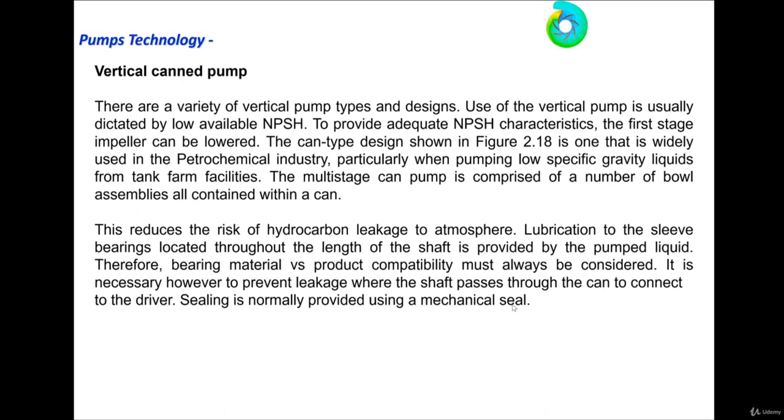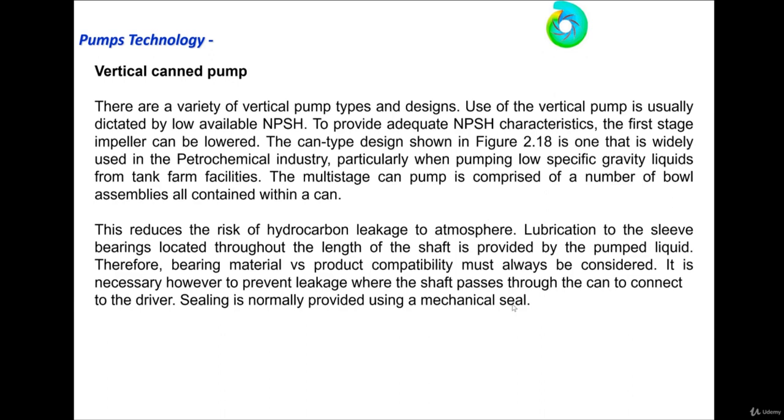Okay, the selection procedure. The first selection and specification in a pumping system is a single stage overhung pump. You survey the market, and if it's okay, you are going to purchase this one. Usually you specify the horizontal pump first, and we are not going to the vertical pump unless for two reasons.